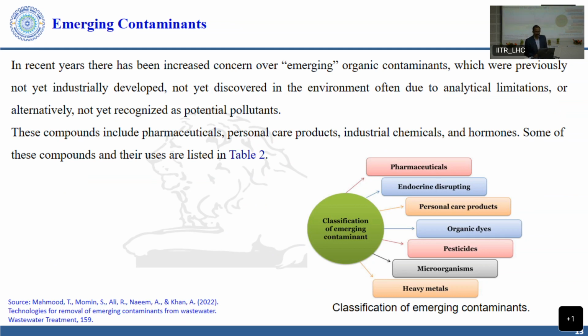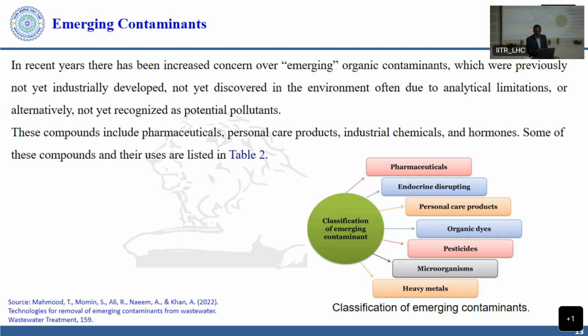Or they were not yet recognized as potential pollutants. These compounds include pharmaceuticals, personal care products, industrial chemicals, and hormones. Some of these compounds and their uses are in the table here.